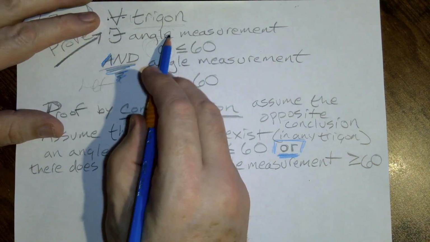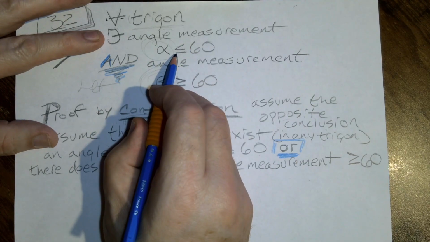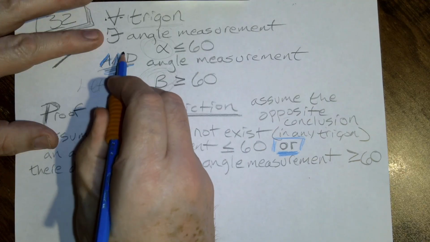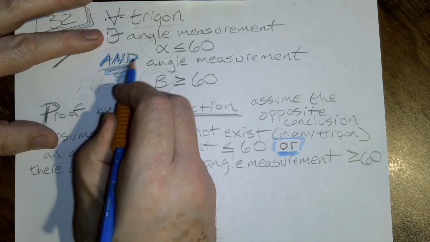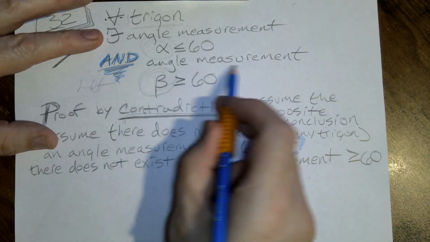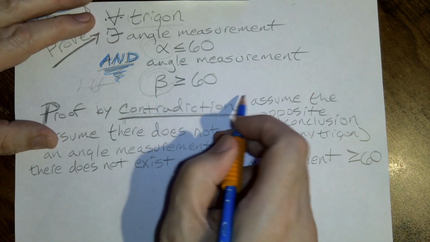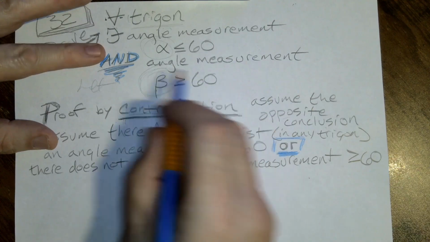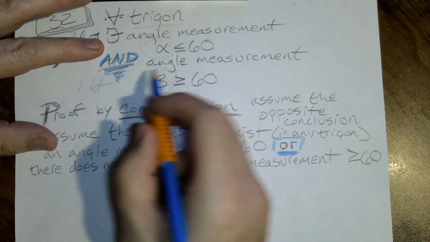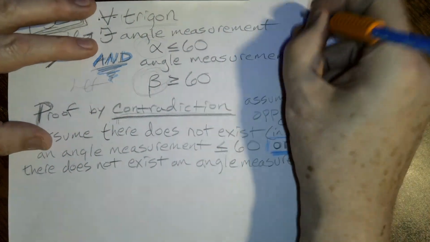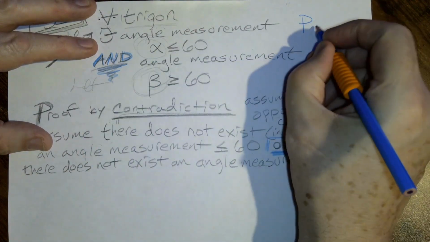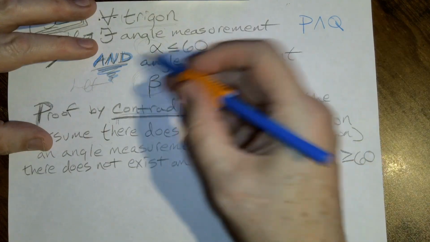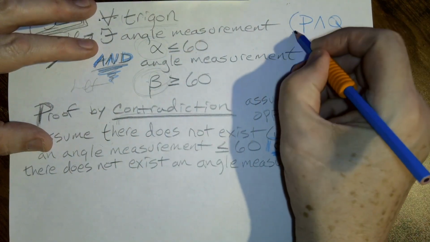So for every trigon, there exists an angle measurement less than or equal to 60, and there's also, at the same time, in the same trigon, an angle measurement greater than or equal to 60. That's what we're proving. So it has this form. It has P and Q. This and this. It's a compound statement.